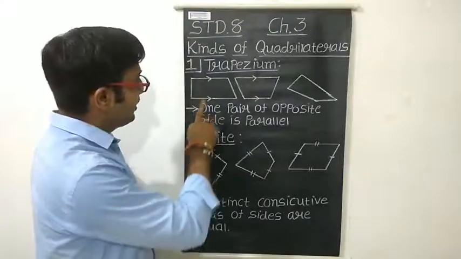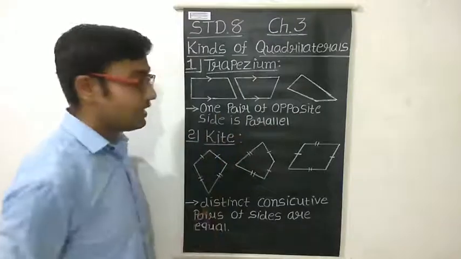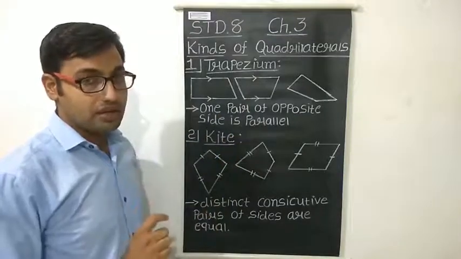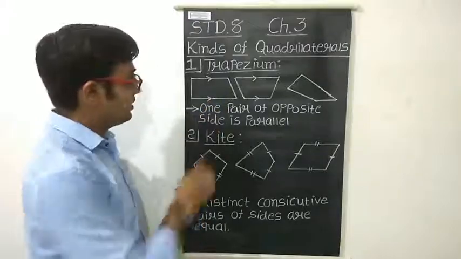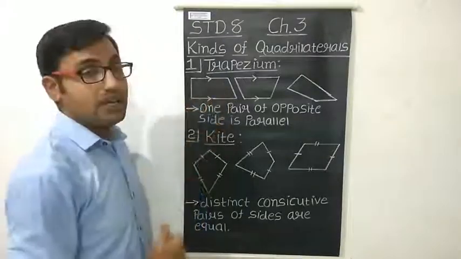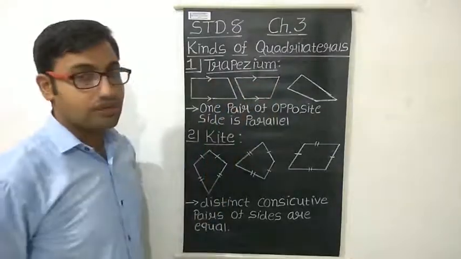So we can say that a trapezium is a quadrilateral in which one pair of opposite sides is parallel. Notice that I am not saying equal, only parallel. Both are parallel but not equal. Here also both lines are parallel but not equal.